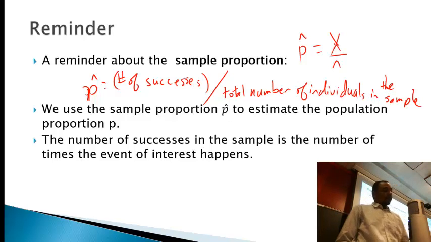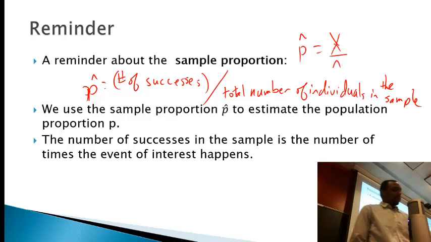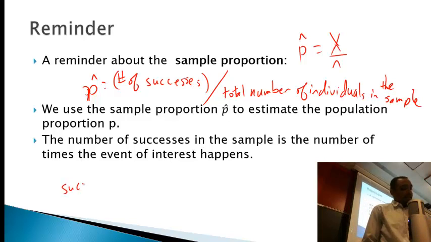Okay, and again, successes in this case pertains to the event that we're interested in, right? So a success could be a negative event, like, I don't know, cancer incidence.